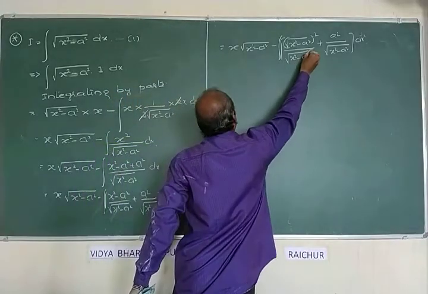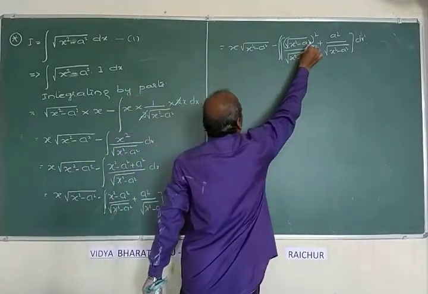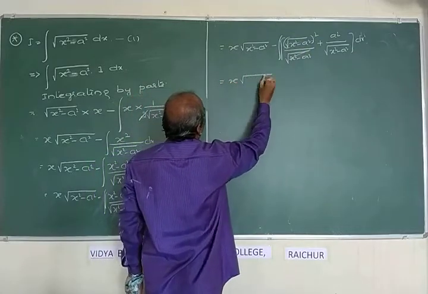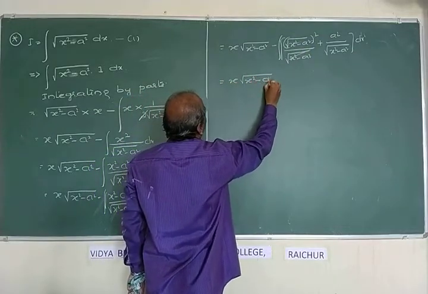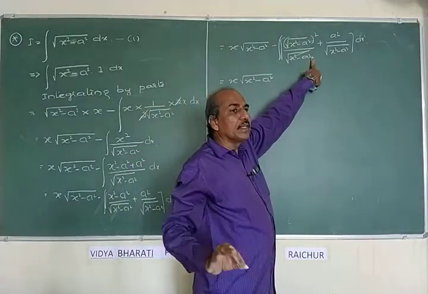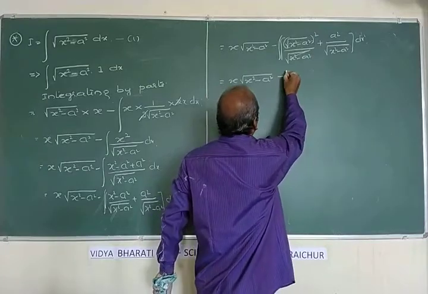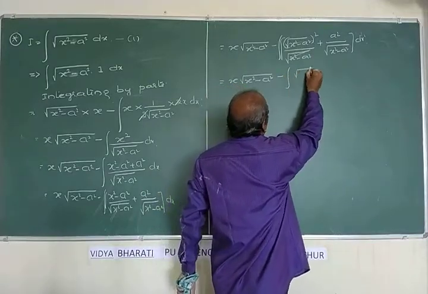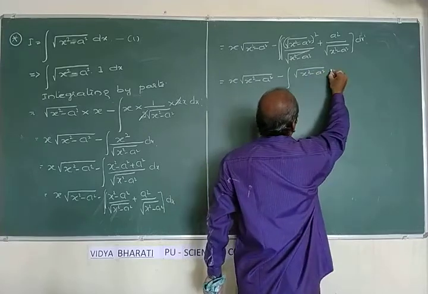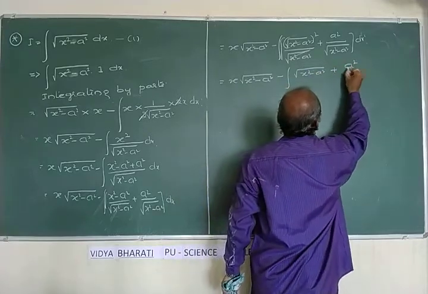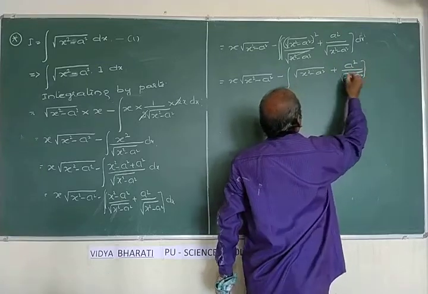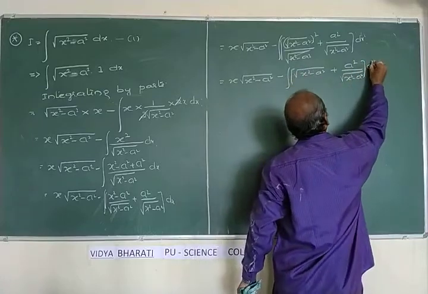One root of x square minus a square will go. Therefore, it is x into root of x square minus a square. Now, remove the bracket along with the sign, or else one more step if you want you can write down. This will be root of x square minus a square plus a square by root of x square minus a square, whole bracket into dx.